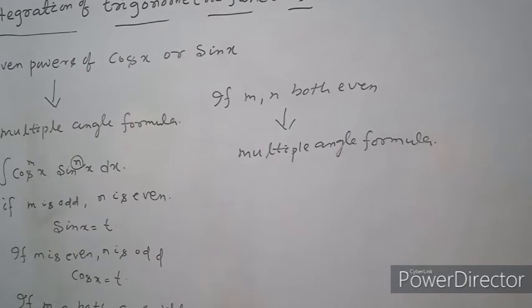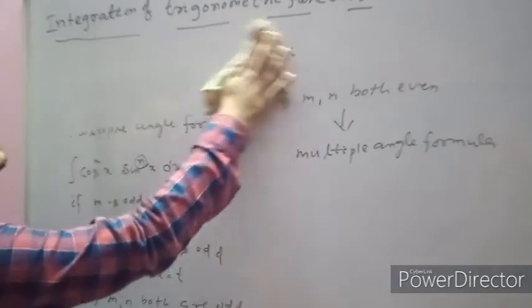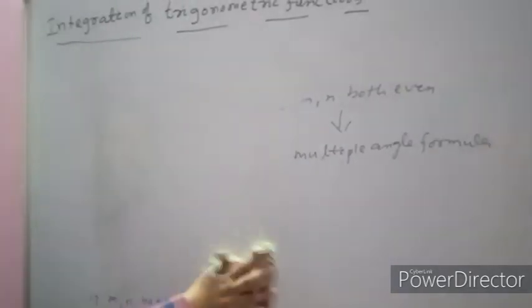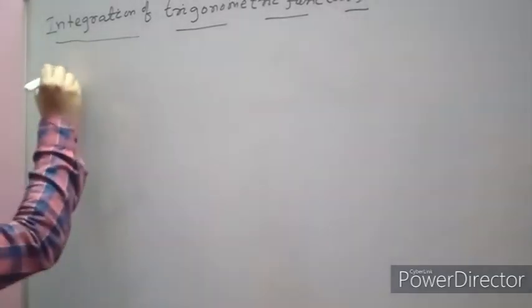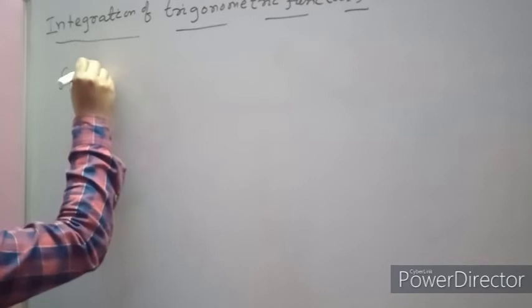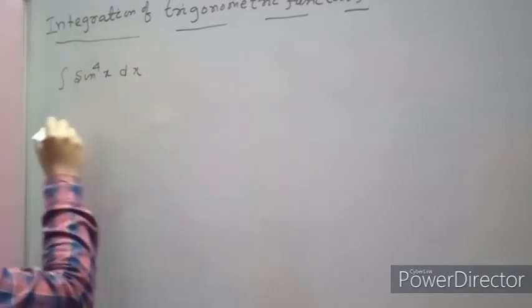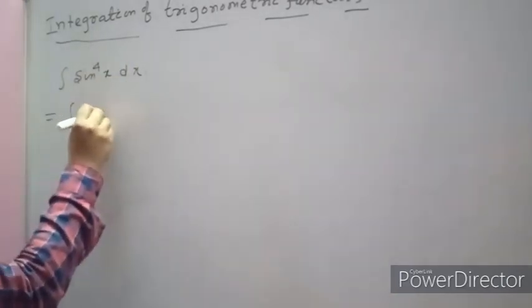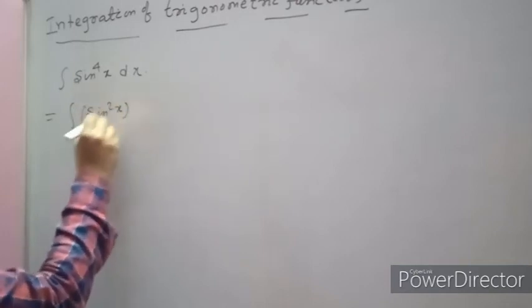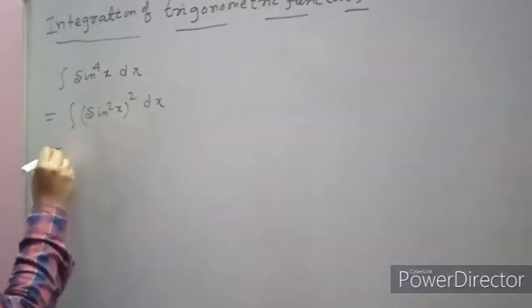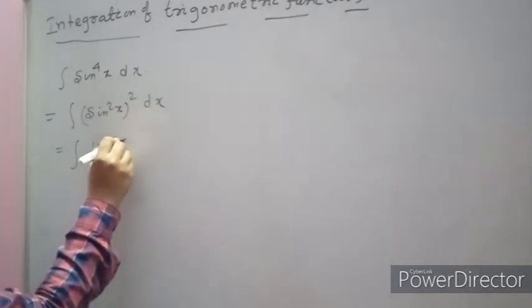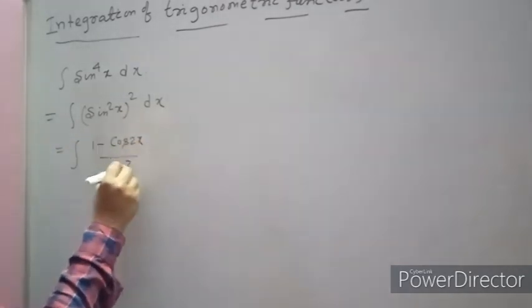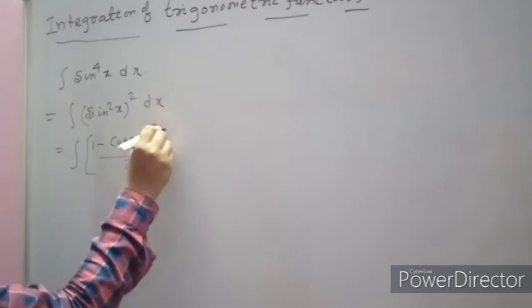So in order to illustrate all these things, let us start with integration sin 4th x dx. This is nothing but (sin square x) whole square dx. So you have to convert it into multiple angles, that is ((1 minus cos 2x) by 2) whole square dx.